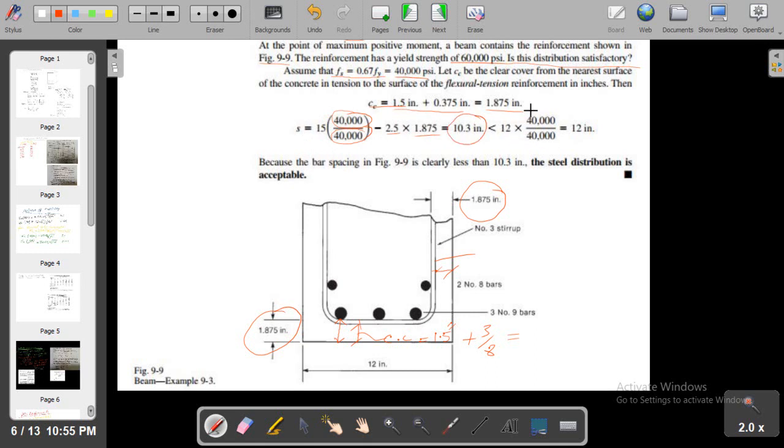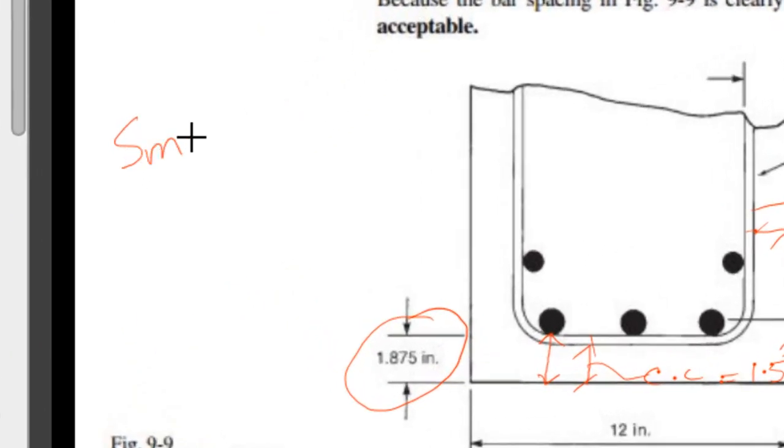Now from the second part we got 12 inches. So ignoring this one, we will choose this one. Now this is my S max, which is 10.3 inches.